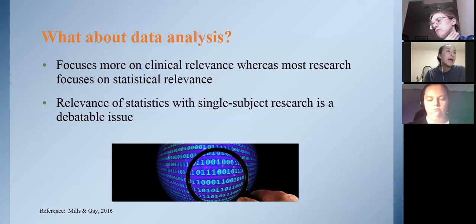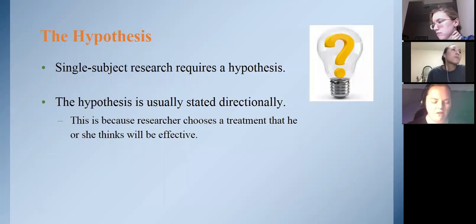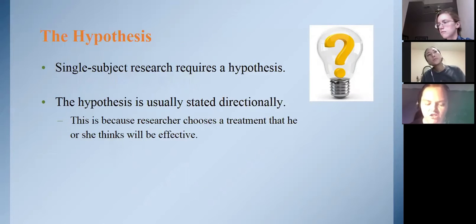According to Mills and Gay, the use of T and F tests to determine the statistical significance of a single subject study is currently being debated by researchers. The hypothesis. Just like most of the research designs we've studied, single subject research requires you to state a hypothesis.